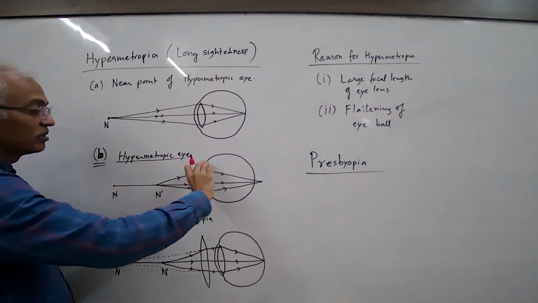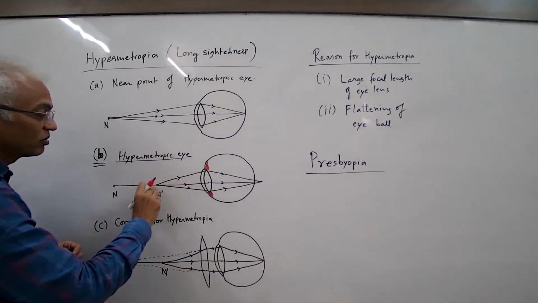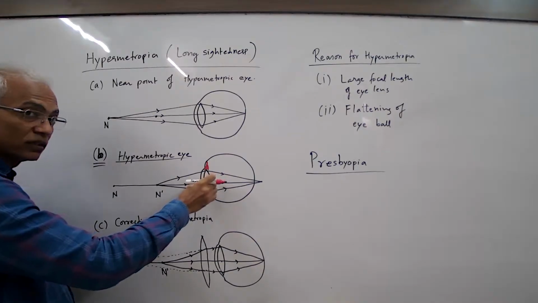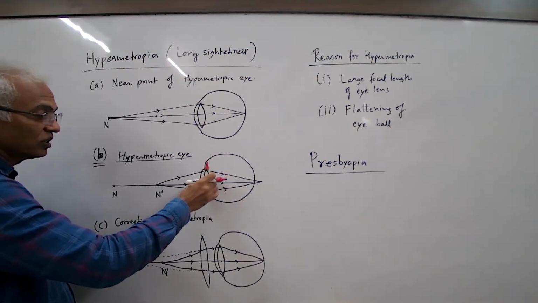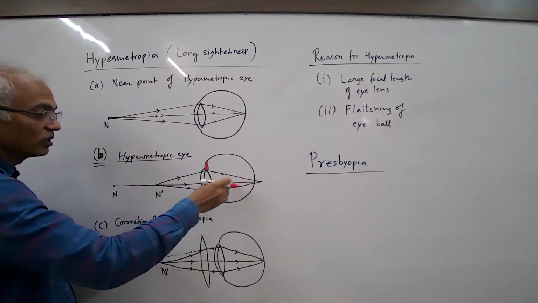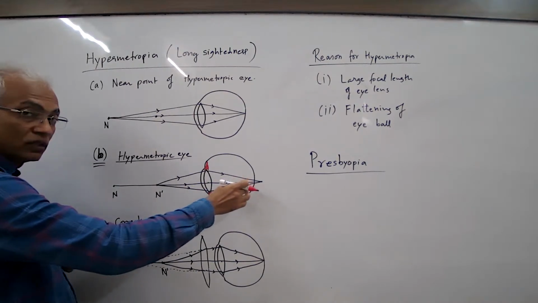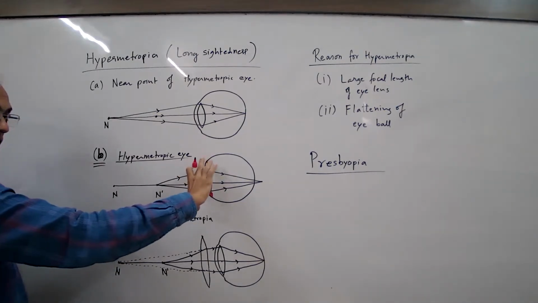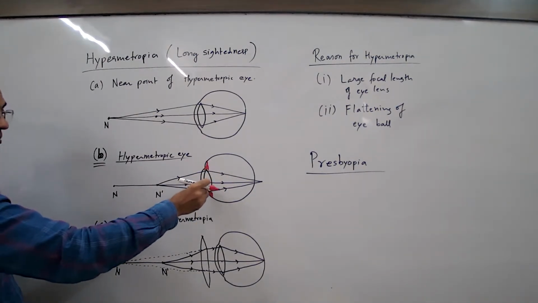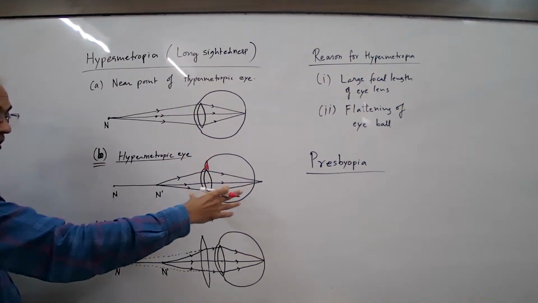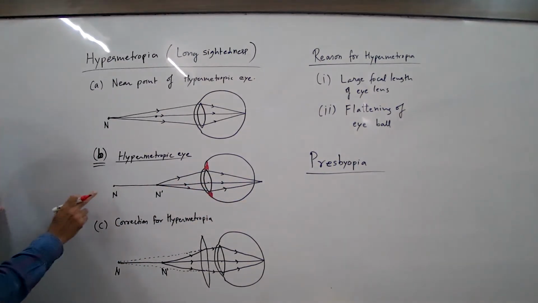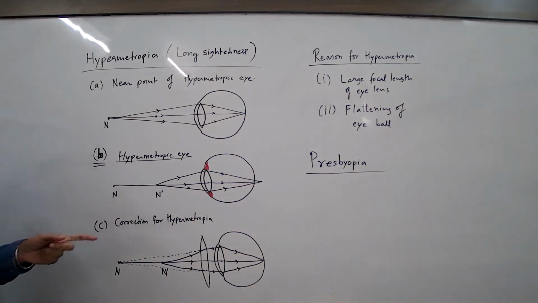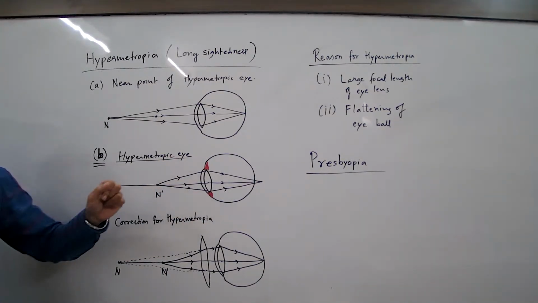When the object comes near, the muscle contracts, so the lens becomes thick. Power increases, curvature increases, focal length gets shortened, so the image is on retina. When the object goes far away, the muscle relaxes, lens becomes thin, power reduces, meaning the focal length increases. So irrespective of whether the object is far or near, the image is always obtained on retina due to the action of ciliary muscles on the lens.